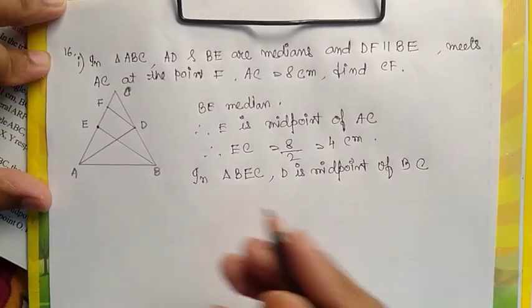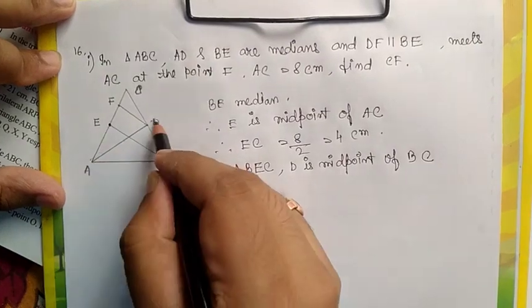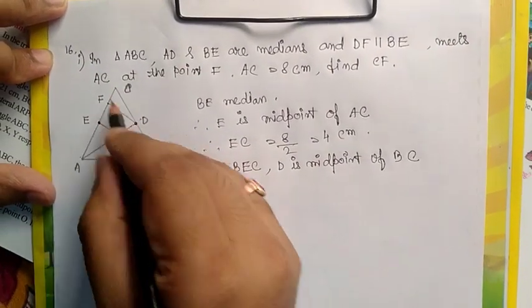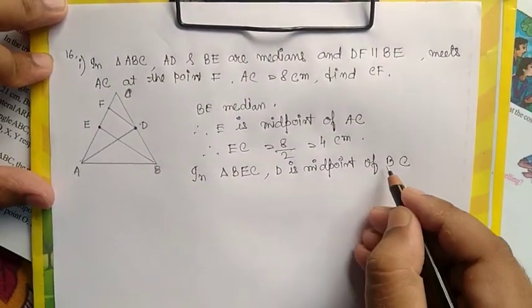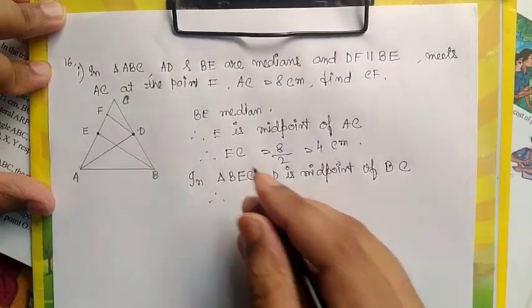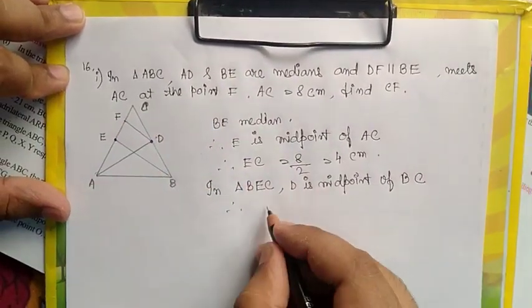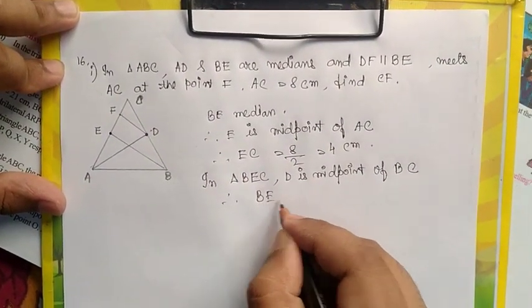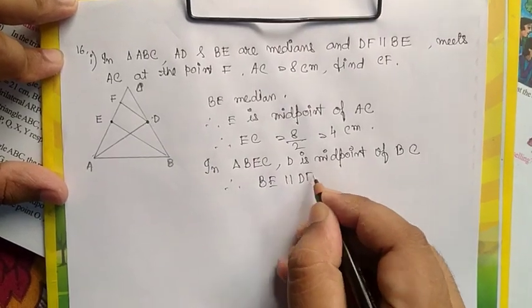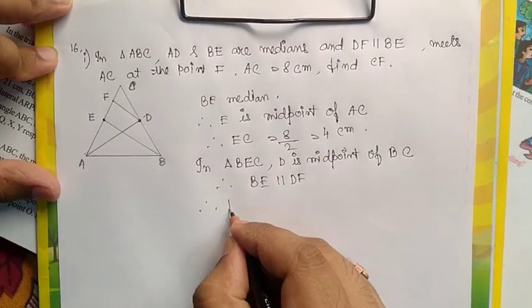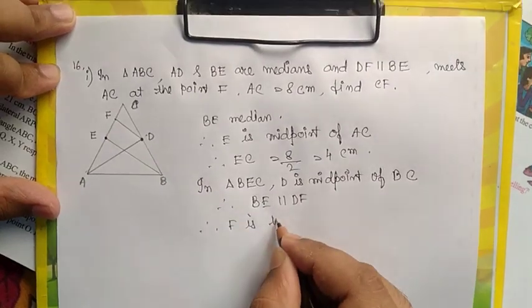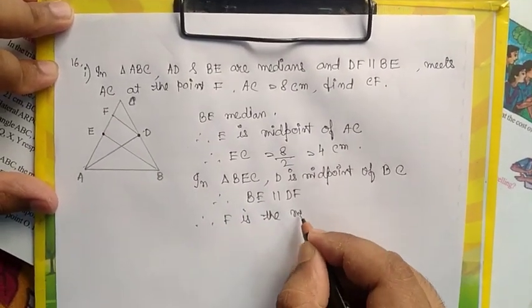Why? Same as AD is the median. If AD is the median, therefore D is the midpoint of BC. So D is the midpoint of BC and DF parallel to BE, this is given, BE parallel to DF. So therefore we can say F is the midpoint by converse midpoint theorem.